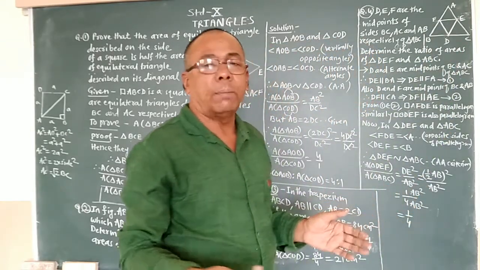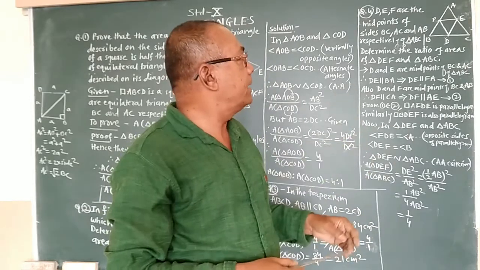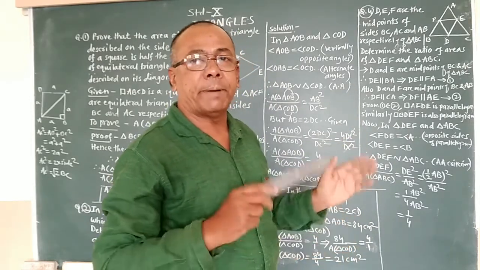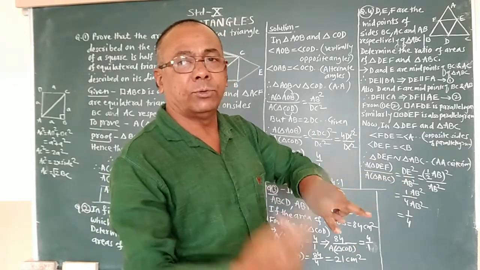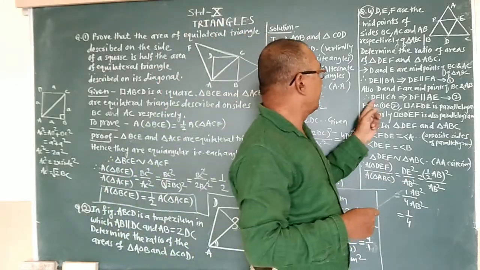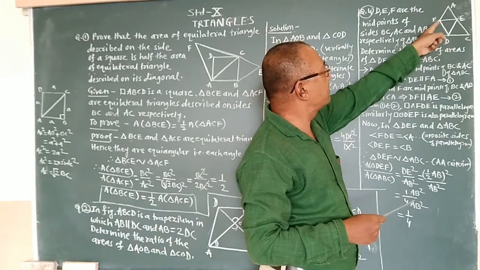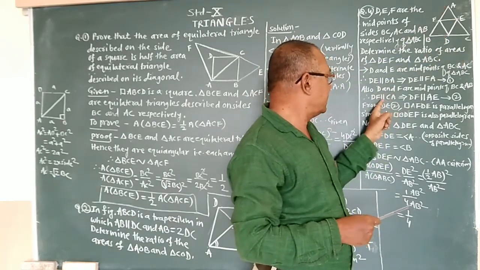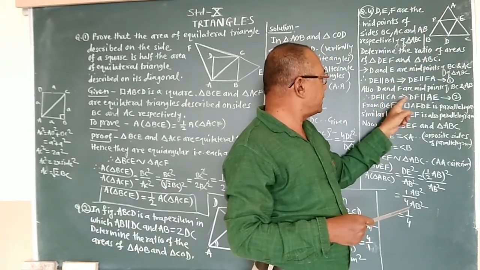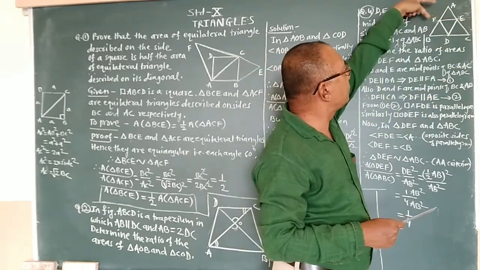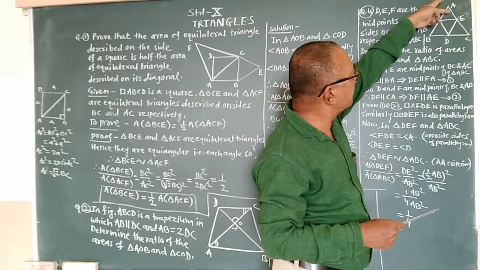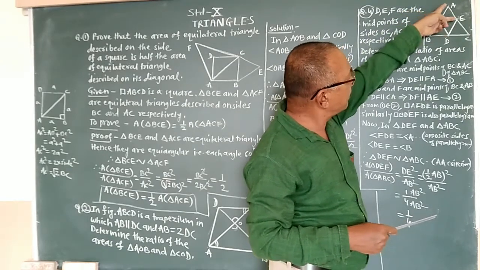Again we apply the same property, that the line segment passing through the midpoints of two sides is parallel to the third side, and therefore DF is parallel to AC, which implies DF is parallel to AE.